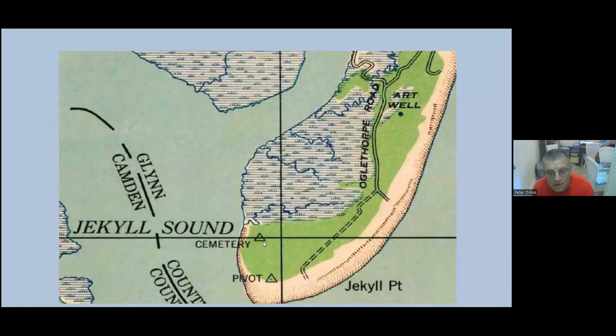But what had everybody really curious is this cemetery that's identified, because nobody knows of a cemetery there today. So we're wondering, was the cemetery paved over by these houses, or has it disappeared into a little forest area here? It's all very curious.